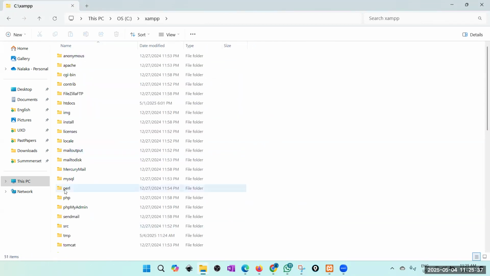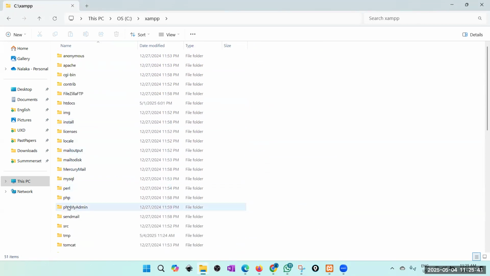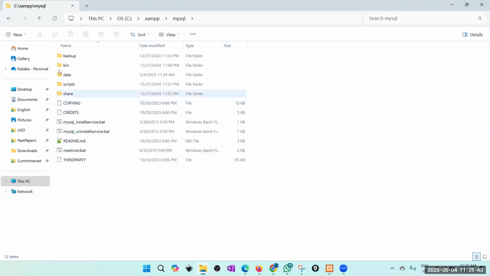So inside SAMP, this is my SAMP installation folder. There's a folder called MySQL. This is where MySQL is installed if you are using SAMP. And we are interested in this bin folder.